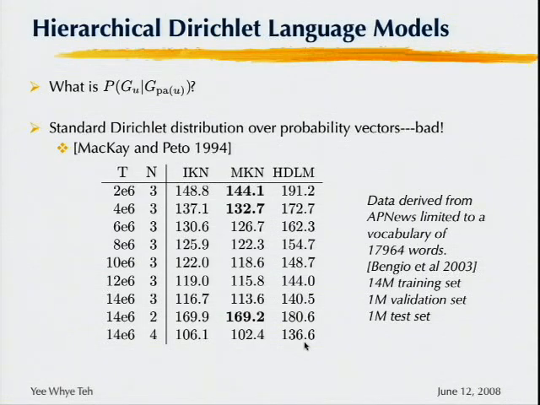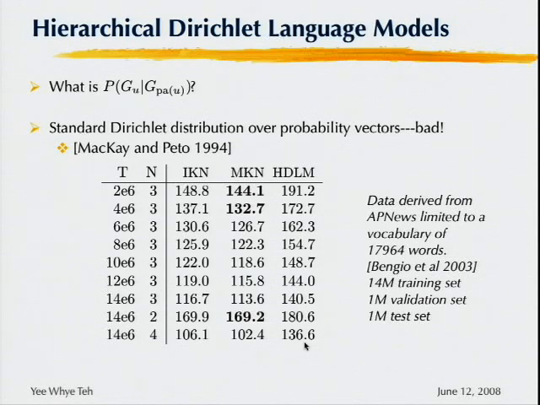So this is a bit unfortunate, because I think this idea of hierarchical Bayesian modeling is really well suited to language models, but because it didn't do as well as interpolated Kneser-Ney and a lot of the other smoothing algorithms, people gave up on the Bayesian approach to language modeling for like 10 odd years, I guess.